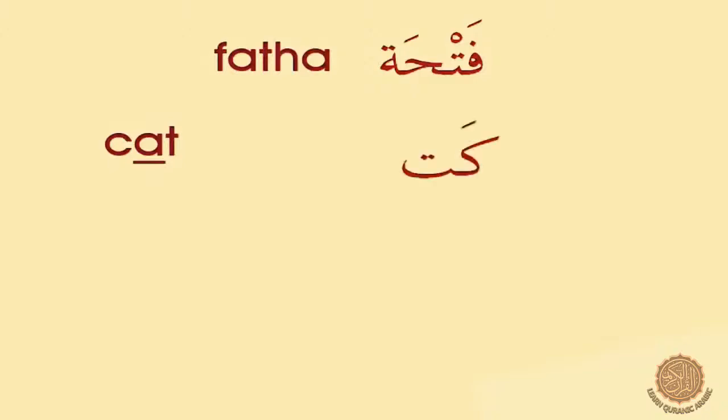Now, I've transliterated cat into Arabic. So we have the kaf here, so it makes the same sound, the k sound. And then we have the ta, which is equivalent to the t in English. So this says cat. So notice the vowel is on top, not after it, as in cat. And obviously in English we write from left to right, while in Arabic we write from right to left. So in English, when we read a word, we read it this way.